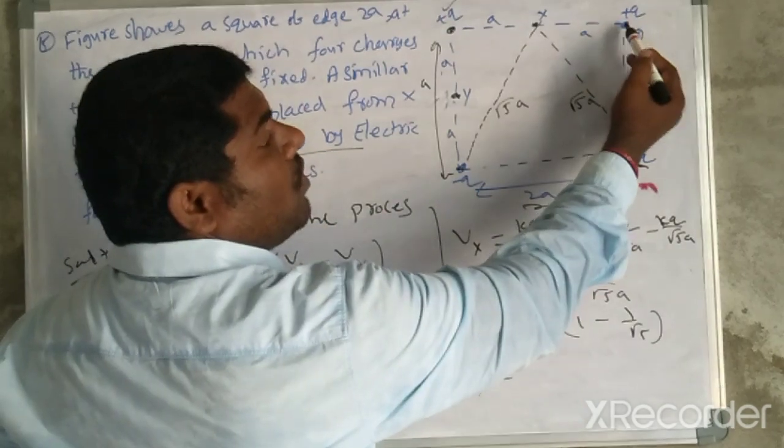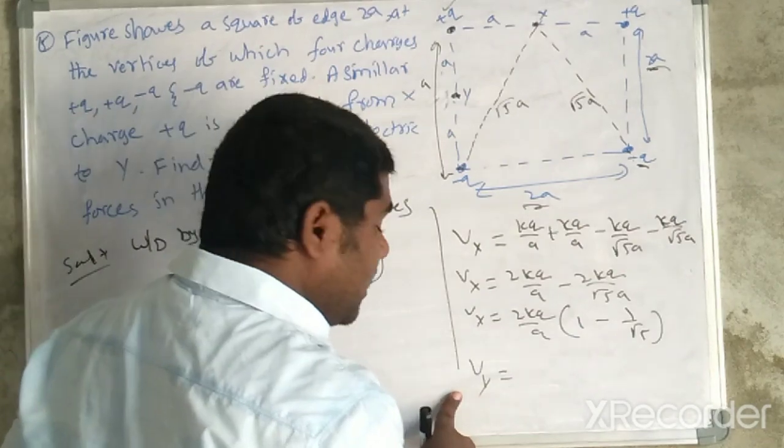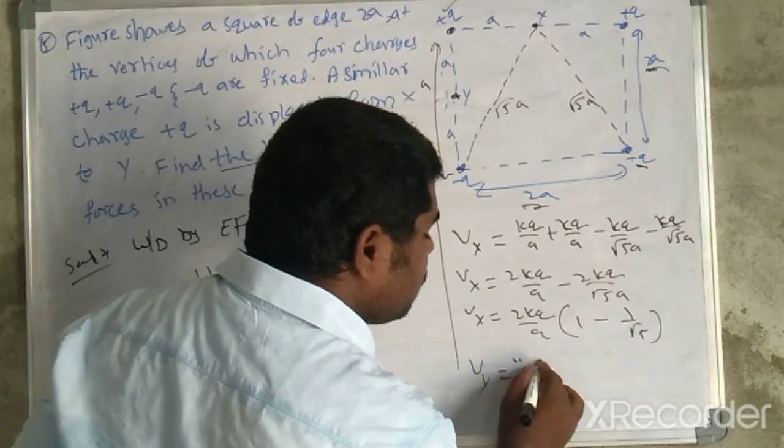So this one is positive, this one is negative. Total net potential at y is equal to 0.